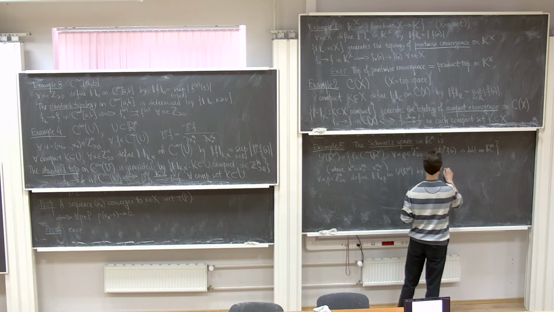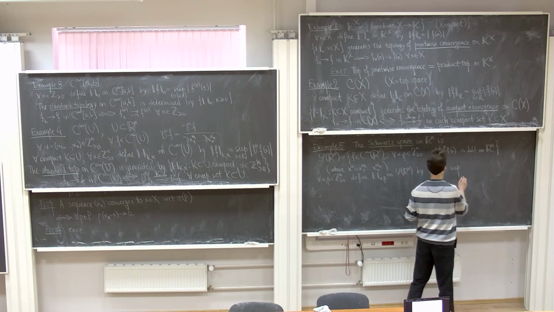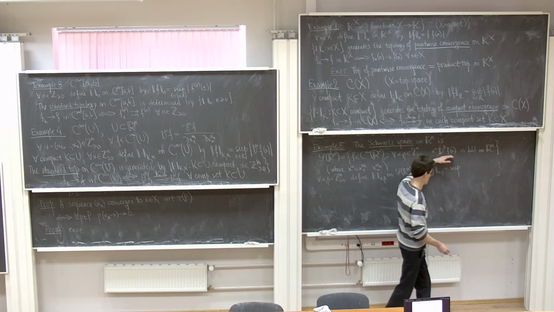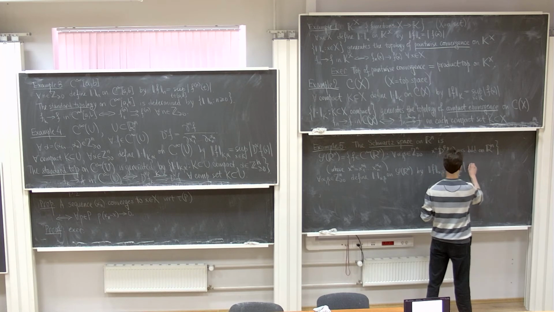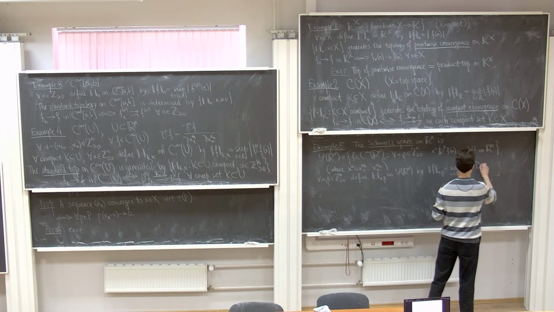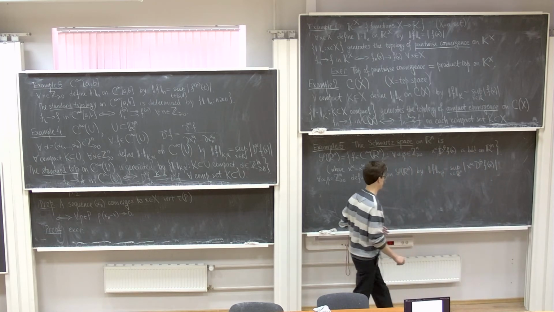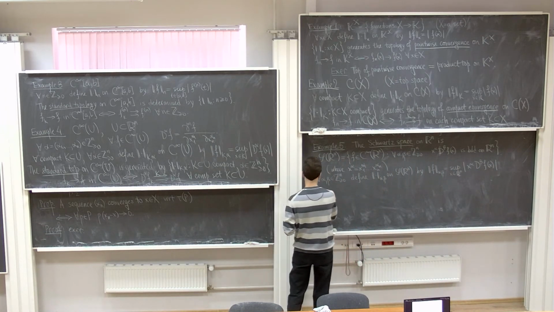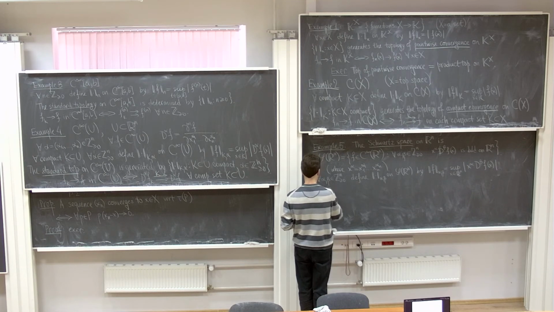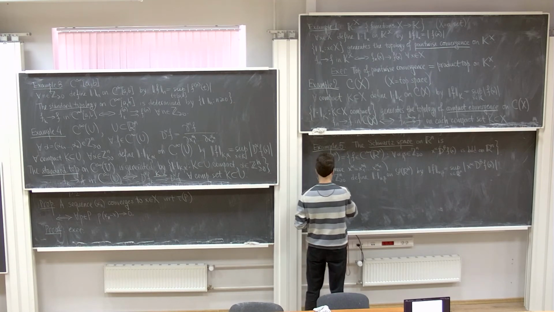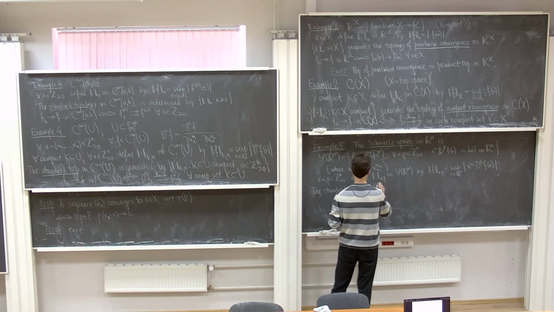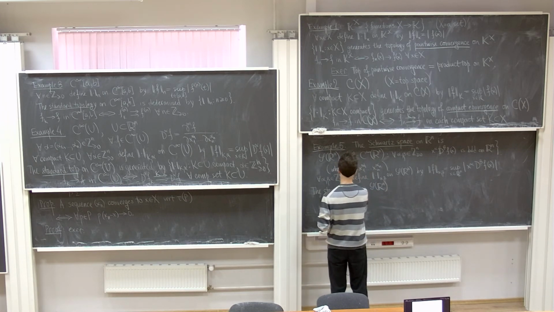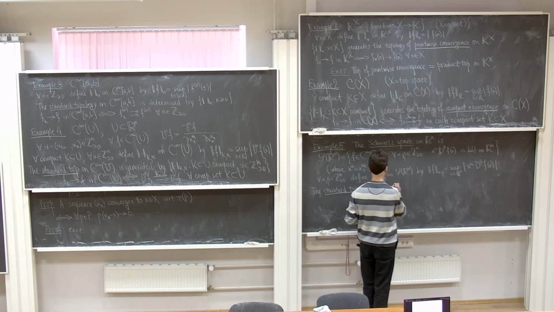So this will be just the supremum of this function over Rn. And by definition, the standard topology on the Schwarz space is the locally convex topology generated by a family of all such seminorms.